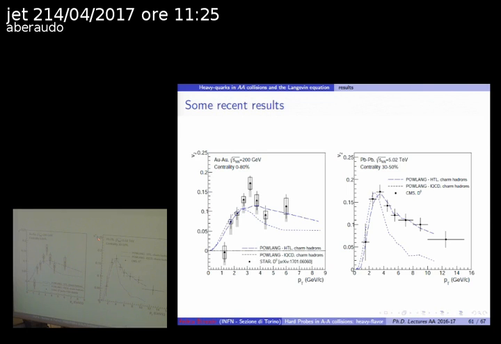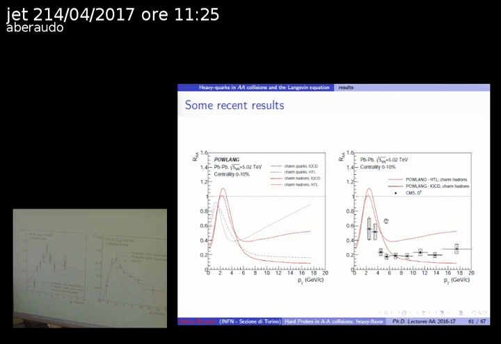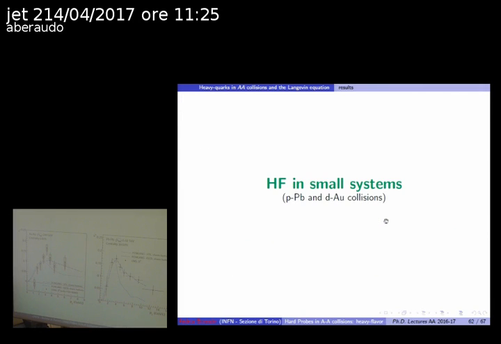And these are more recent CMS data in lead-lead collisions, again the elliptic flow, in peripheral collisions at 5.02 TeV. Again, these are the experimental results, and these are the theory curves with different choices of the transport coefficients, and with again this medium hadronization.